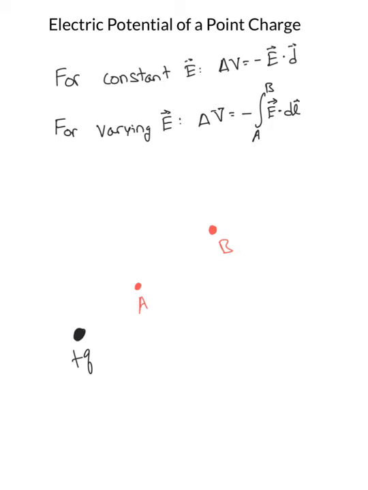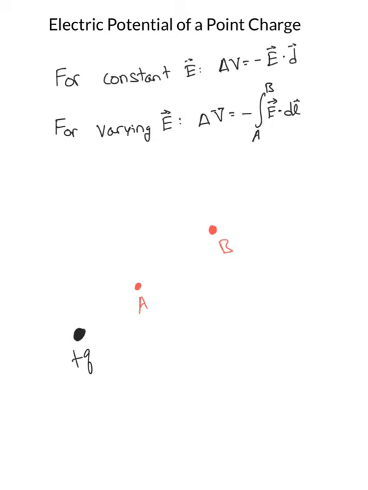And so I can't use my formula for electric potential that I was using when my electric field was constant. Previously we've used the equation that the change in potential, delta V, equals negative of the electric field dotted with the displacement.